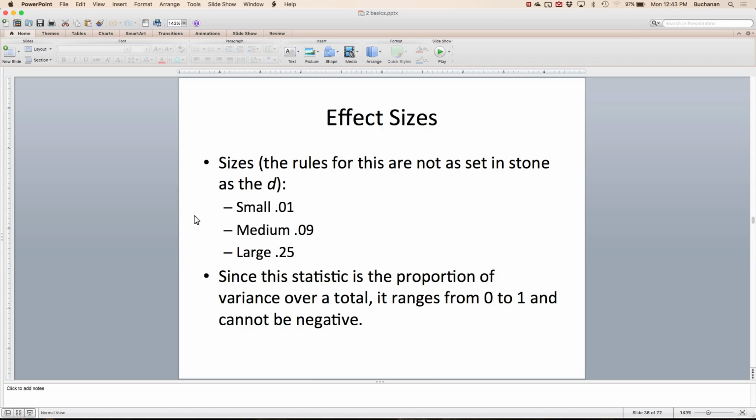So you cannot get an r squared of 2 or a negative 1. It ranges from 0 to 1. So that's 1% of variance, 9% of variance, 25%. Sometimes people do 1%, 6%, and 14%. So these are not set in stone. These are just kind of general rules.